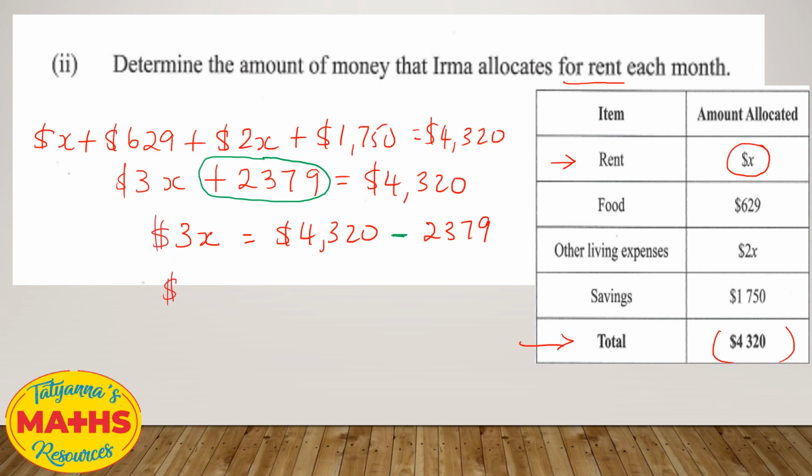We're going to subtract 2379 when we move it over to the other side, left hand side, right hand side. So we're going to get 3X is equals to 2379 from 4320. It's going to give us $1,941. So we're going to divide both sides by 3.